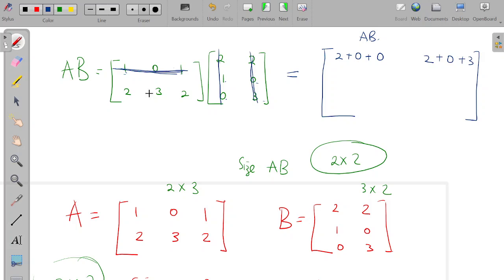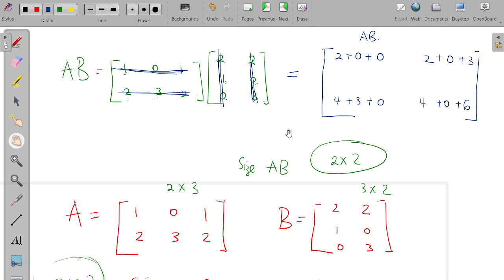Okay, let's go for the second row now. 2 multiplied by 2, 4. 3 multiplied by 1, 3. 2 multiplied by 0, 0. Now the second row to the second column here. 2 multiplied by 2, 4. 3 multiplied by 0, 0. 2 multiplied by 3, 6.